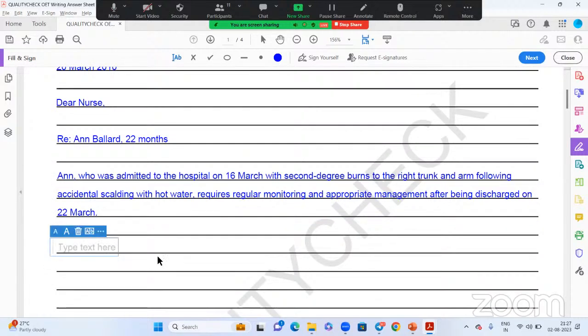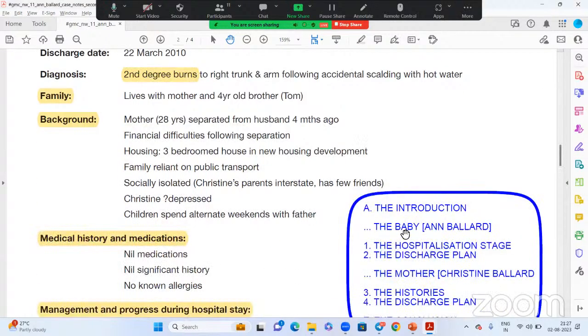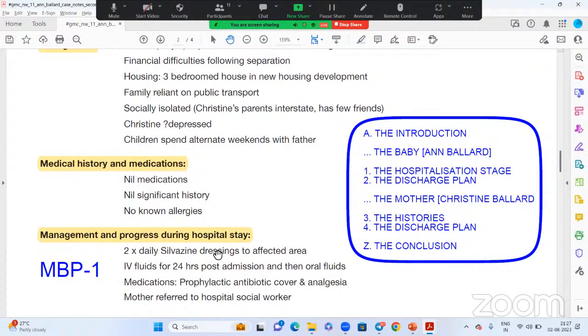The next one. You're going to the next paragraph. Now here, second paragraph is related to the baby and the hospitalization stage. So during hospitalization, this is it, management and progress during hospital stage. Okay, here two things are there. Regarding mother and regarding the patient.